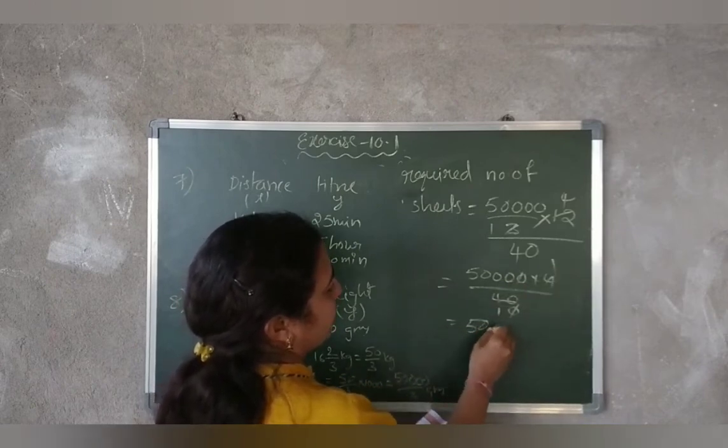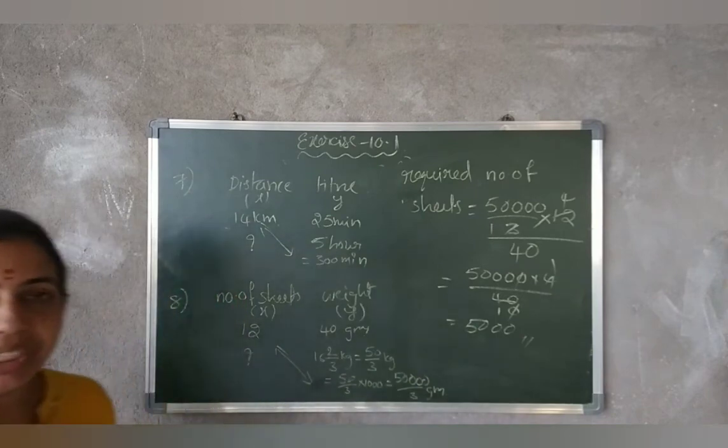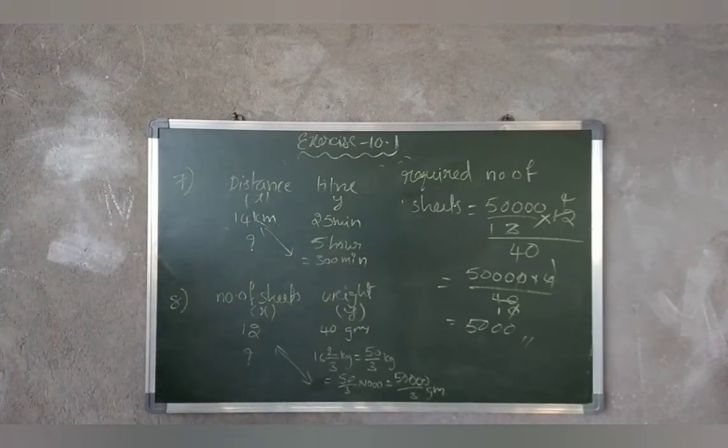So how many sheets? 5,000 sheets weighing 16 2 by 3 kilograms.